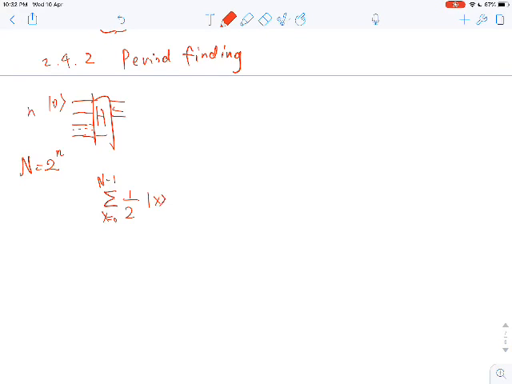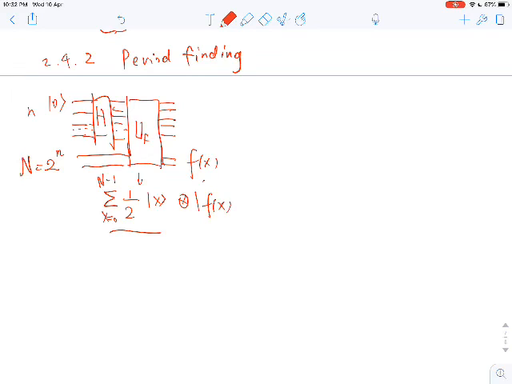The state here is just this, and we have a quantum function gate. Here is f of x. Then the state here, write it like this, tensor f of x. Sorry, it's 1 over root N times the sum of x tensor f of x.